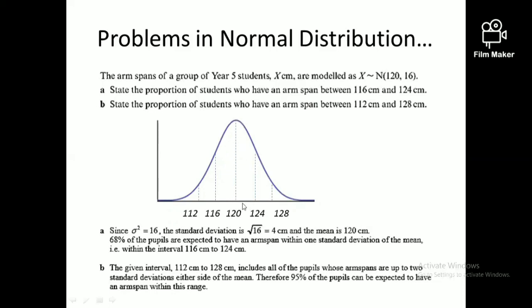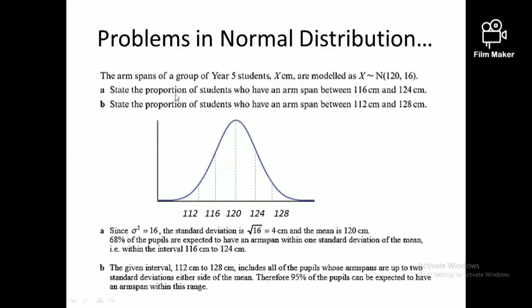From the mean, one standard deviation to the positive side is 124 and one standard deviation to the lower side is 116, that is 120 plus 4 and 120 minus 4. In this area, there would be 68% of the information. For two standard deviations, it's 120 plus 2 into 4 and 120 minus 2 into 4, 112 to 128. There, 95% of the information should lie.